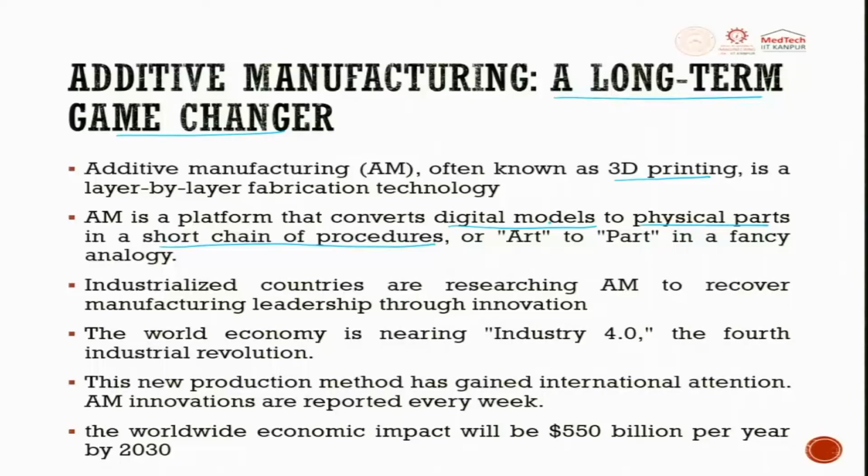They look into each of the manufacturing drawings, and then they also try to take it to the machining shop, try to understand how do we assemble it and then produce it. But here from the digital model, directly you are converting into a physical part in a short chain of procedure. When we are looking at new product development, the product life cycle, the prototyping phase takes a long time, which is now shrunk down to 10%.